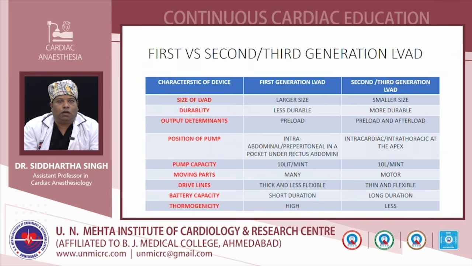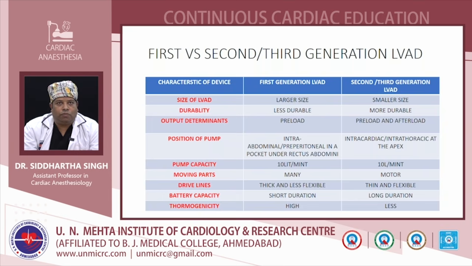Now let us compare the first, second and third generation LVADs. The first generation is larger in size, but the second and third generations are smaller. The first generation is less durable, and the second and third generations are more durable. For output determinants, the first generation is preload dependent, and the second and third generations are preload and afterload dependent.